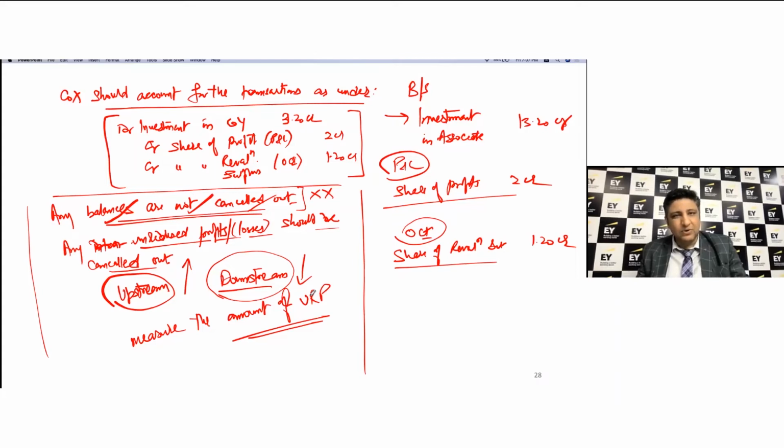The only thing you want to remember is that you only consolidate the equity portion. That's the first thing to remember in accounting for investments in associates and joint ventures. And the second thing: only the unrealized profits, including the losses, get canceled out. Everything else is just the same way it is. That's what you want to remember.